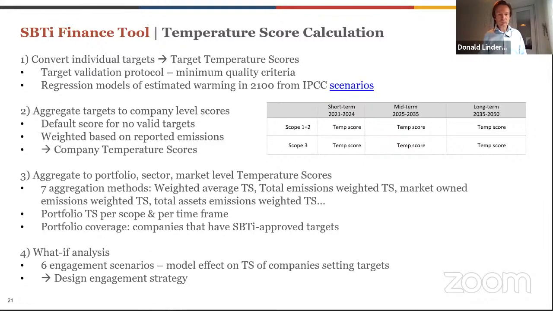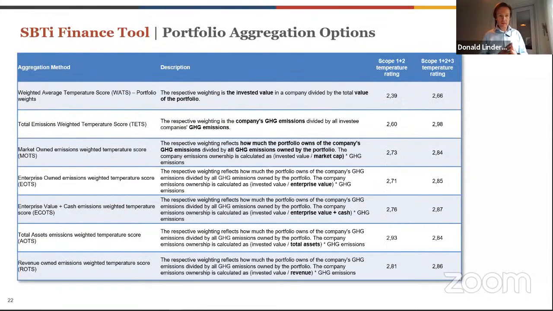One thing, so these are the aggregation methods that we have in this solution, and as you can see here, the very first one, if you look at the different temperature scores, this is run on a 100 stock or 100 company portfolio, global portfolio, well diversified throughout the sectors.